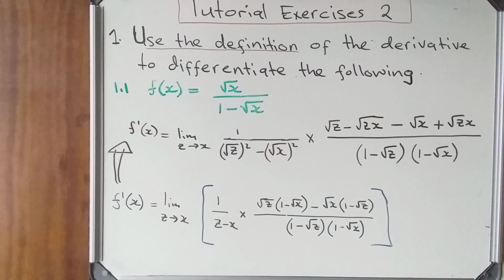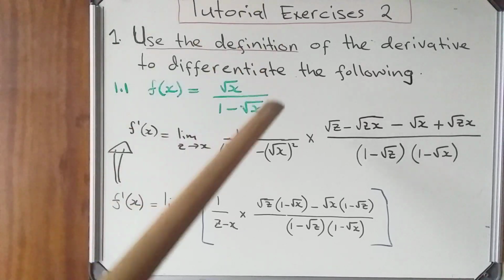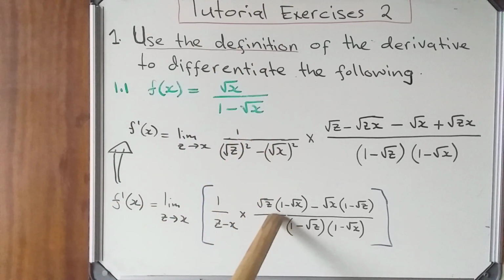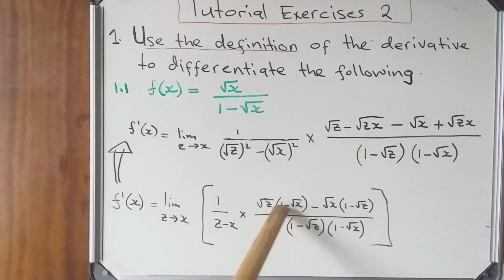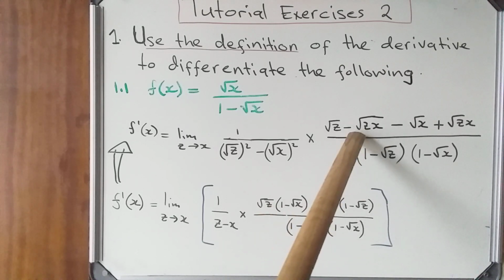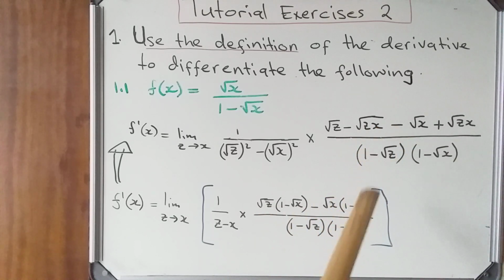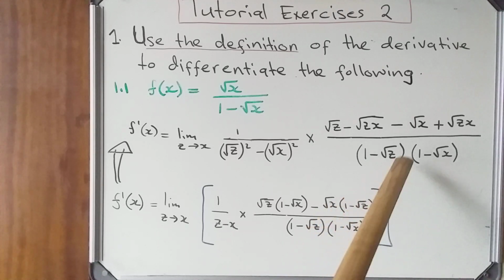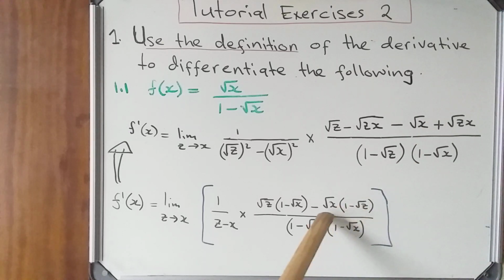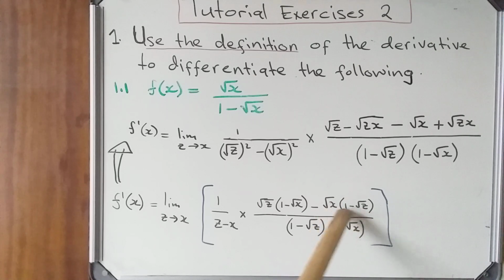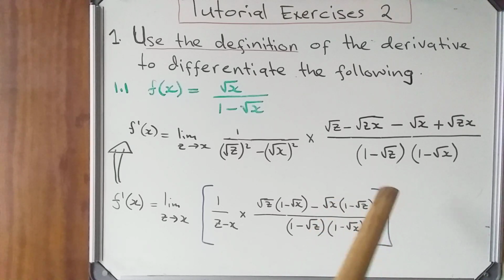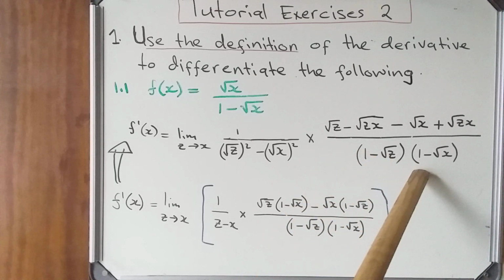From there, we said 1 multiplied by 1, then expand: negative square root of zx, then minus minus, a negative and a negative gives a positive, which is positive square root of zx. Everything over that.